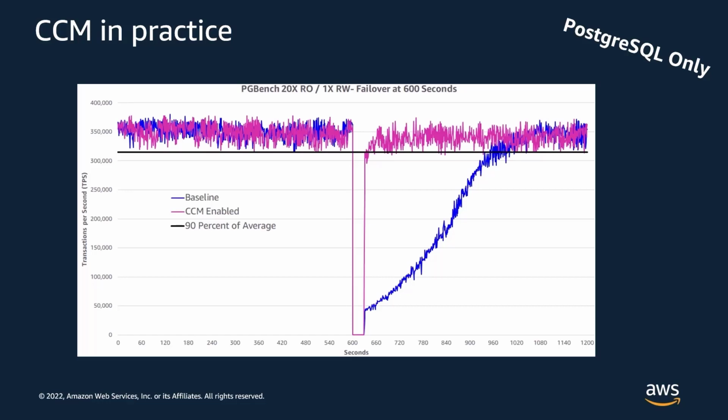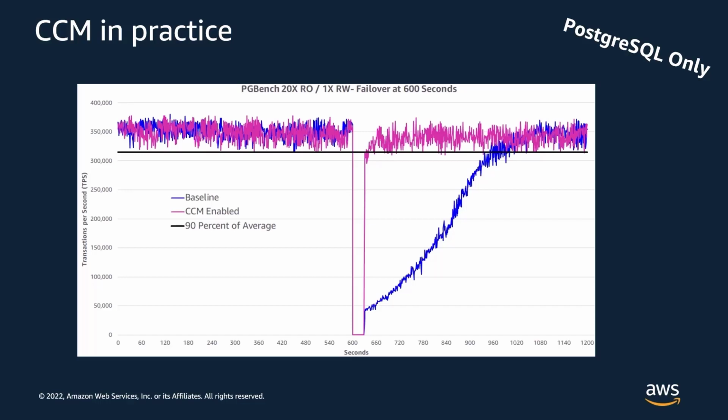But it took roughly 340 seconds for the database performance to reach the acceptable performance, which was 10 times as long. The acceptable performance is shown by the black line, and the blue line shows the baseline when CCM is not enabled. The purple line is the performance when CCM is enabled.